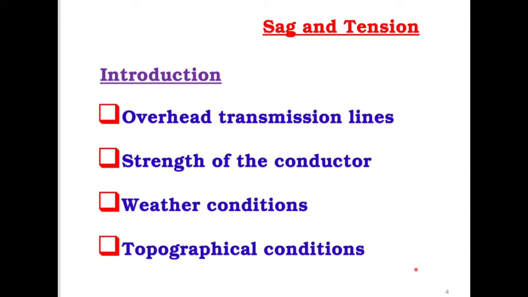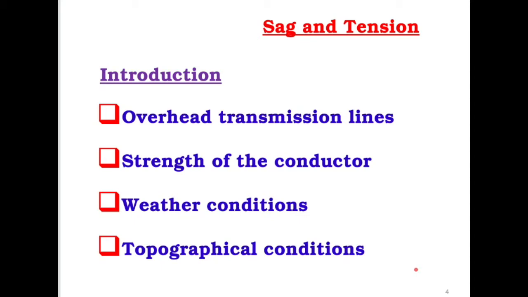Weather conditions are also considered in this chapter. If it is cold winter, ice forms and gets deposited on the surface of the conductor. If it is too windy, the conductors are blown, causing the conductor to swing and in turn causing vibration.